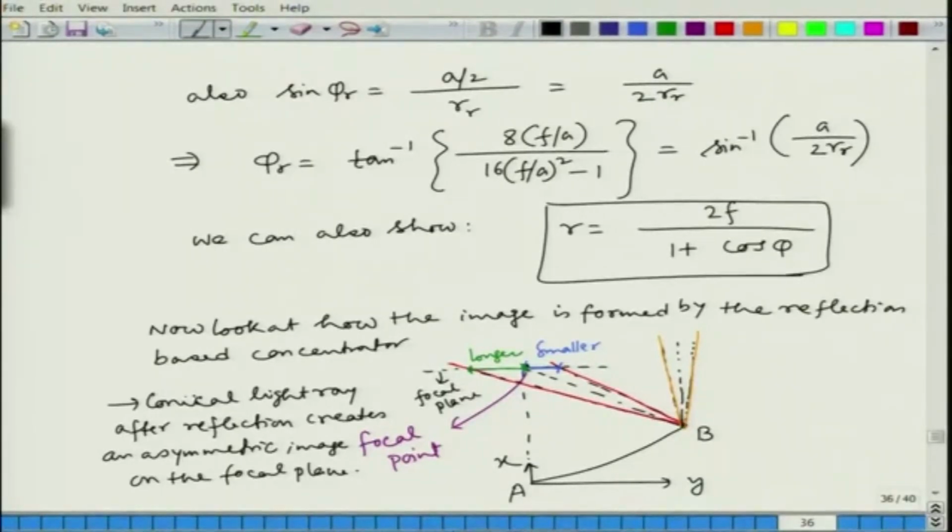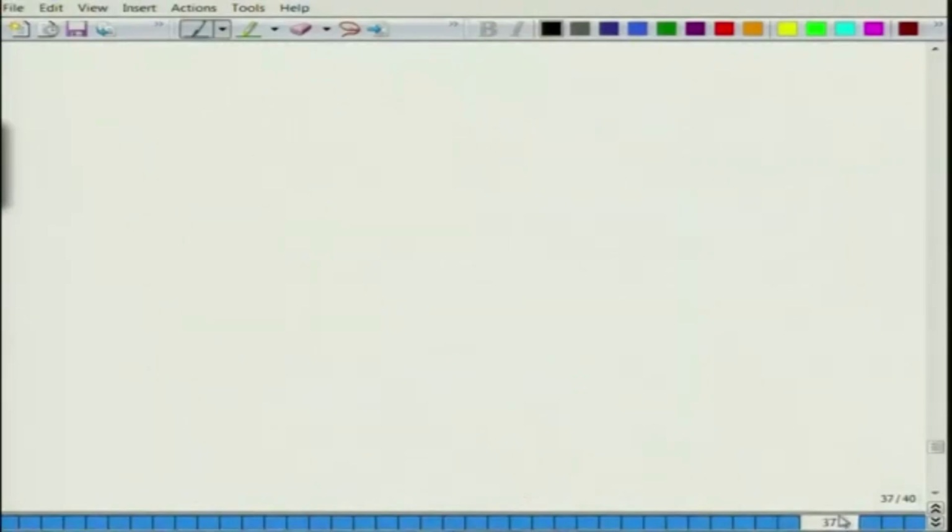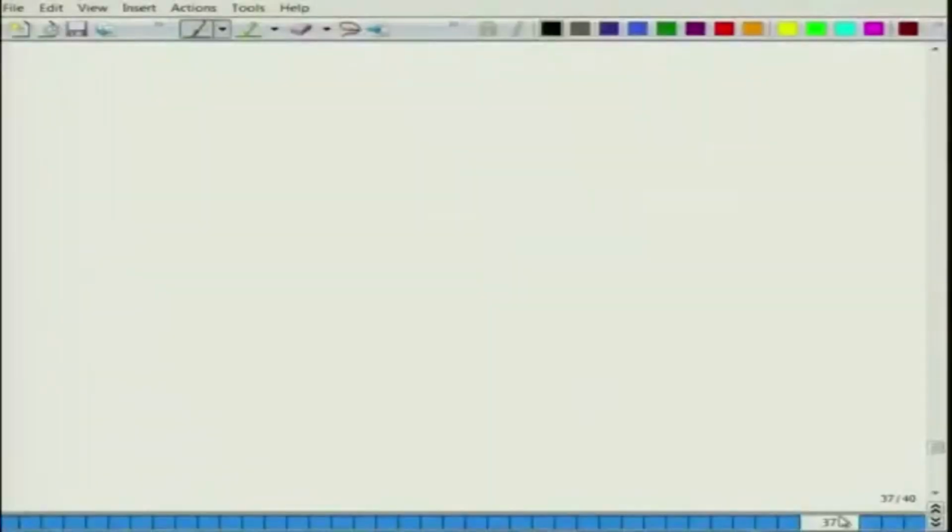So, what would be its consequence? If we have a certain receiver there, the image that will be created will be asymmetric across the focal plane. Okay.